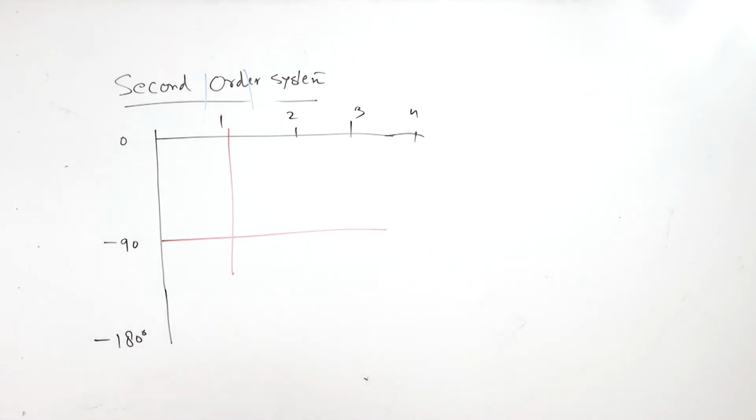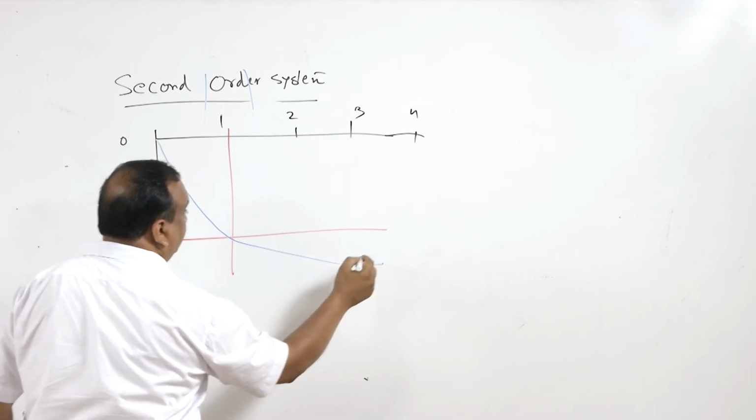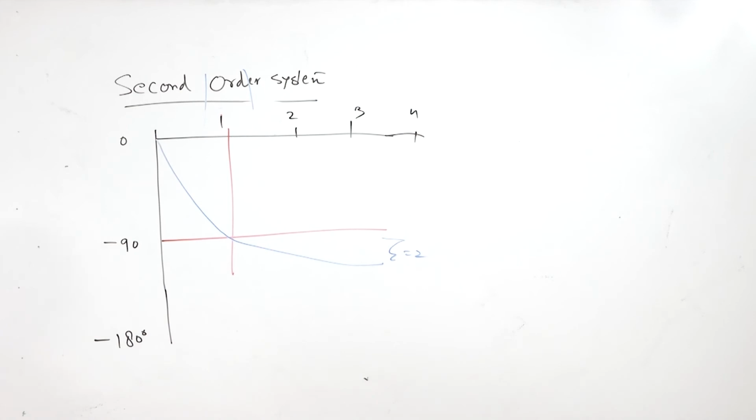Right? Now the first curve we will draw is for zeta is equal to 2. The zeta is equal to 2 curve will come like this. This is zeta is equal to 2. Right? Now we will move towards reducing the damping ratio. So zeta is equal to 1.